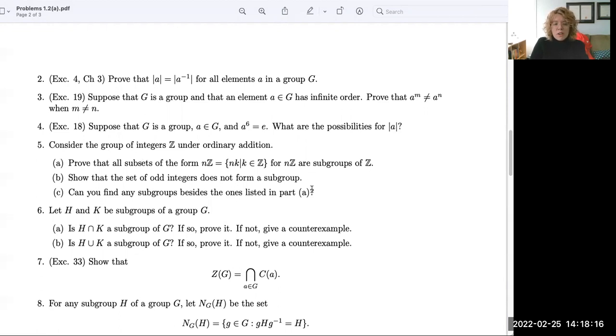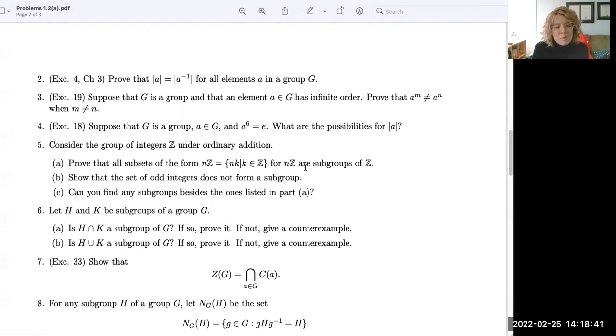So make sure that you are not using a subgroup test, because a failure of a subgroup test does not show that something is not a subgroup. Instead, you need to show that the odd integers lack one of the properties of a subgroup. In particular, I would think identity is what you want to go to here.